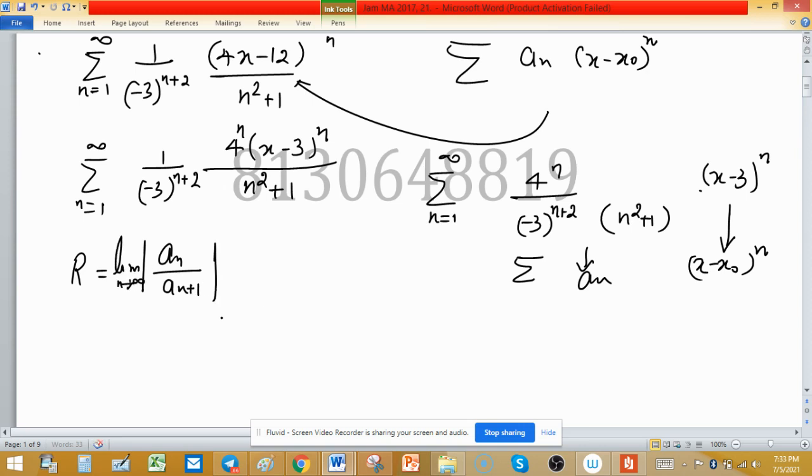I took the absolute value of this term because the series has alternating positive and negative terms. Whenever the series is entirely a positive term series, there is no need to put the modulus. With the help of this we can find the radius of convergence.